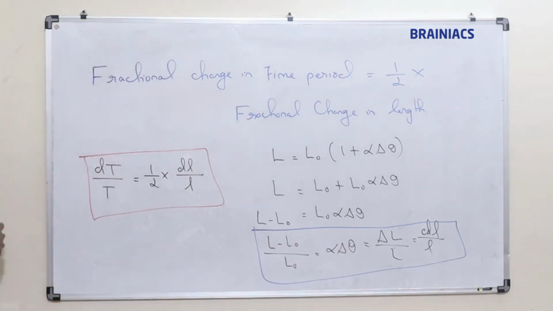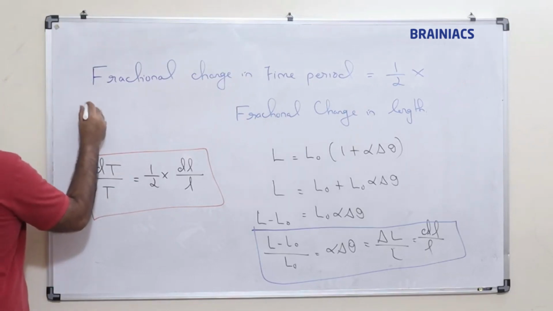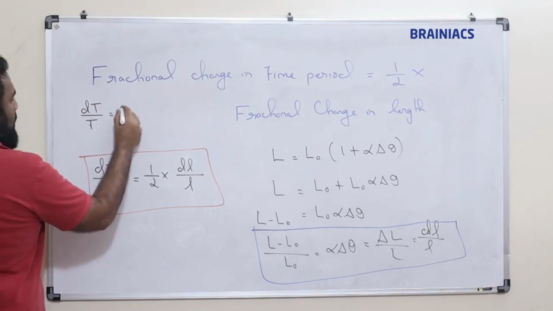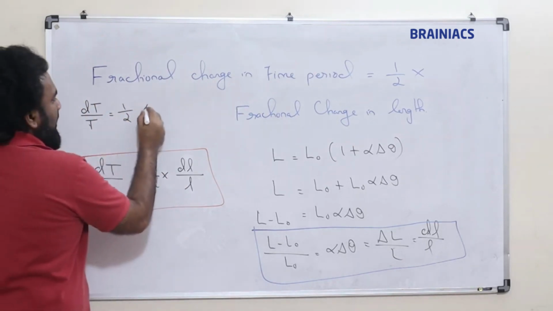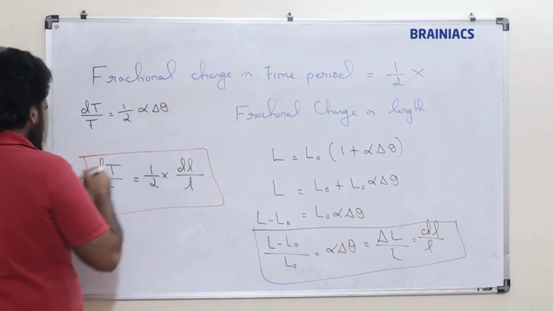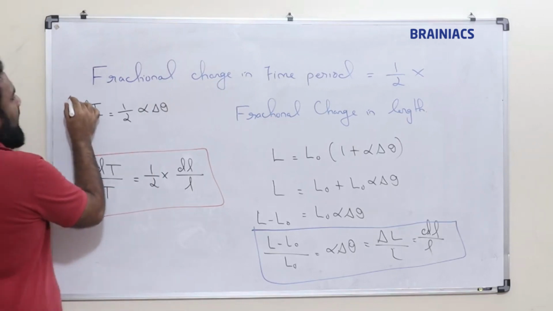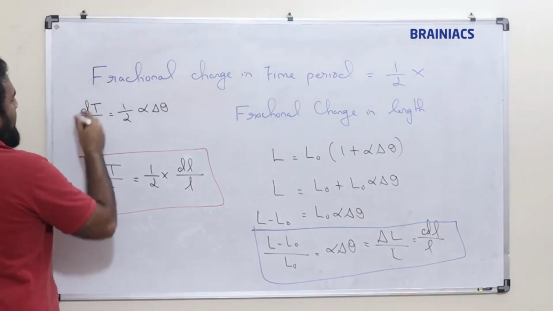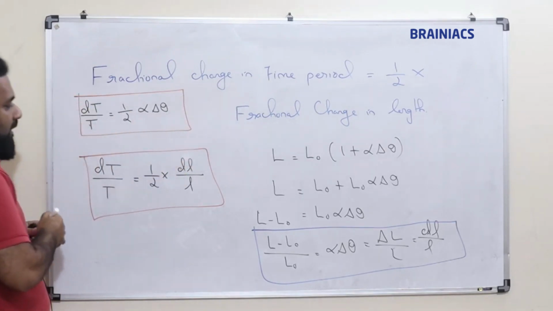So in this way I can reframe this equation: fractional change in time period is equal to half into fractional change in length, so this can be written as half into alpha delta theta also. We do not know what kind of data they will be giving in the question, so this is also fine.